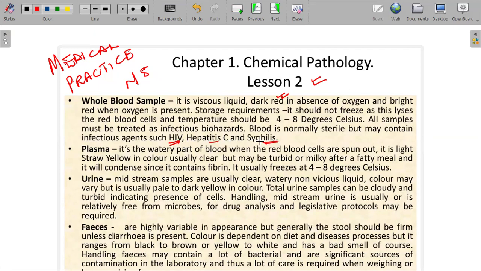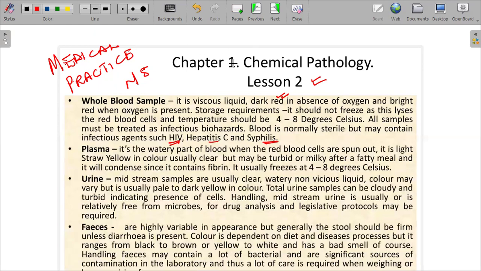These are contagious diseases that can be passed on as a result of coming into contact with blood that has such infections or viruses. So blood is sterile, as to say it might not allow bacteria to live there, but however, it can cause various diseases such as HIV, hepatitis C, and syphilis.